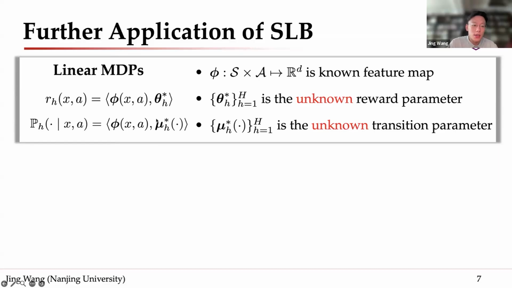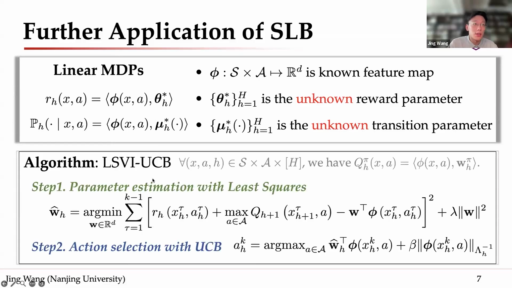Here we can still apply the techniques from linear UCB, with a very classical algorithm called LSVI-UCB, which also uses least squares to estimate an unknown parameter, and then uses the UCB structure to do the action selection.